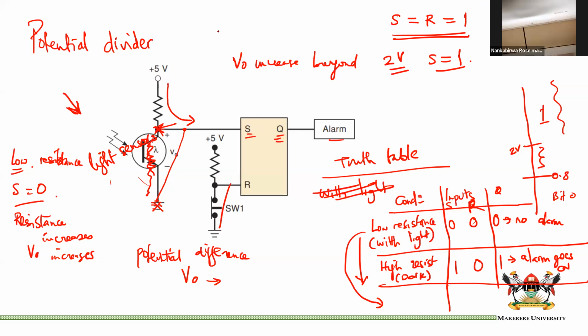My question is that according to the table we are having, inputs S and R, when they are both at 0, is it that there is no change or it goes off?